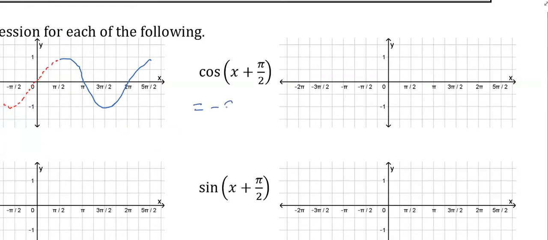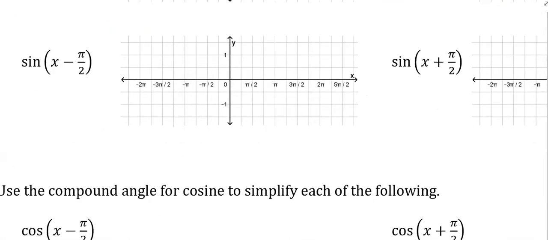So this is equal to negative sine x. We're developing these equivalent expressions because we're going to need them in a moment. This one goes like this, and we can see that it is like negative sine x.